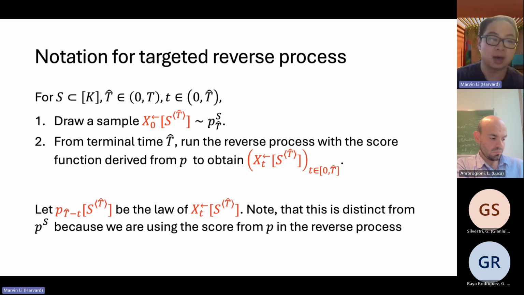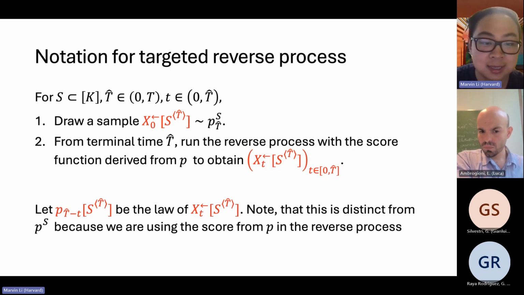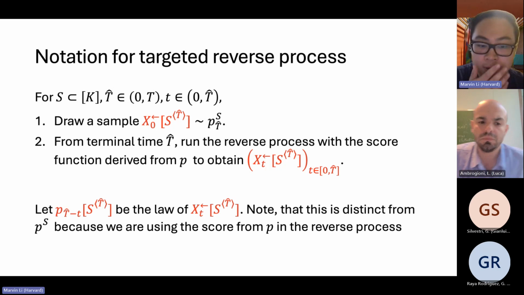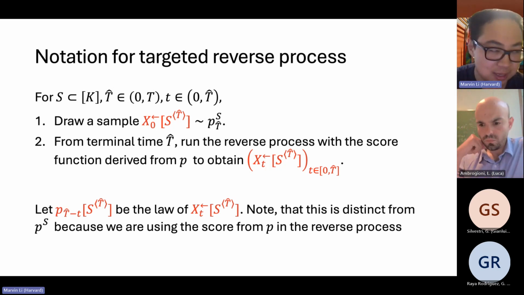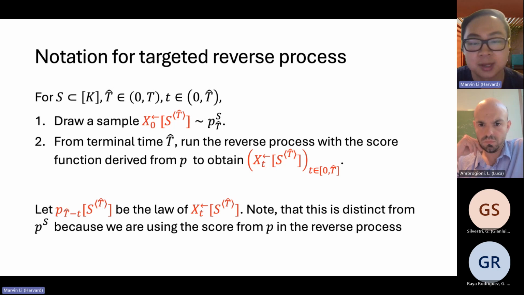So now we give some notation for the targeted reverse process. We're taking a sample from some S init. We define this to be x bracket s. So this is the sample that we take from the noised sample from S, and the targeted reverse process, and then we run the reverse process with the score from P to obtain X bracket S, and we let P bracket S be the law of this.